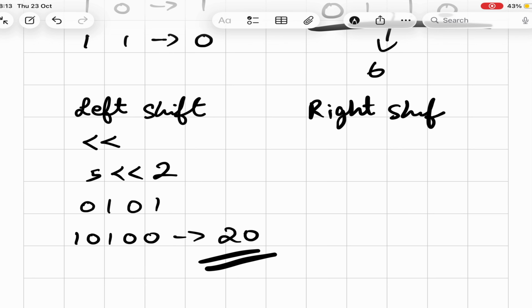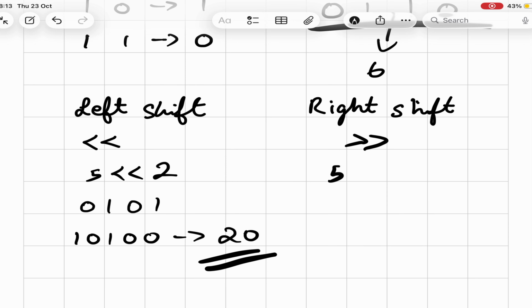When I say right shift, it is represented with this symbol, the greater than symbol. And here I'll say right shift the value 2 bits. Now what happens? Same thing, where 5 is 0101. When I right shift, the bit representation of 5 is shifted to the right by 2 bits.